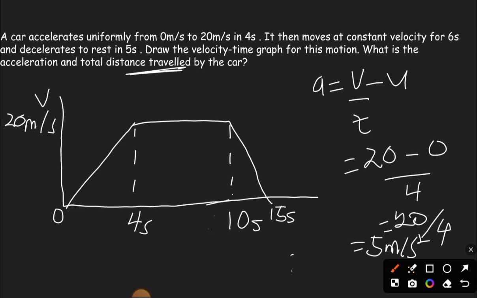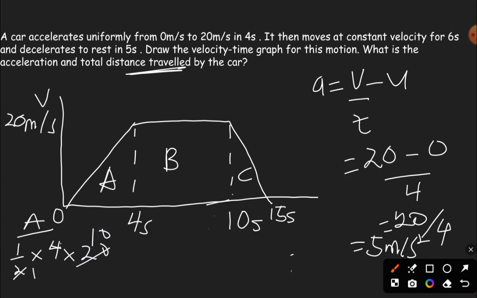Let's call this place A, this B, and this C. So for our A, half times base times height, half times our base is 4, times our height, which is 20. So 2 here 1, 2 here 10. 10 times 4 is 40. So we have 40 meters.